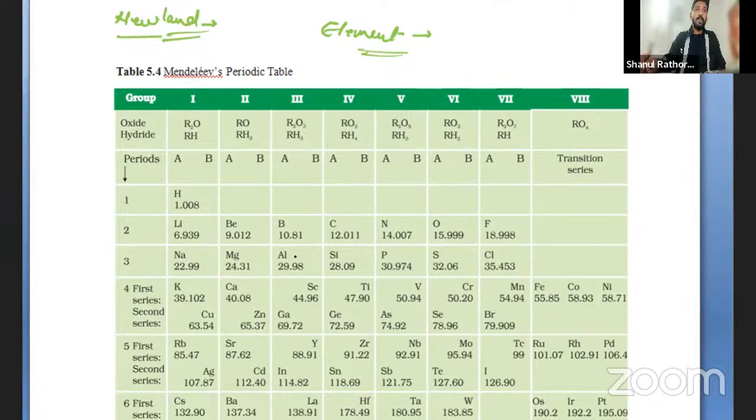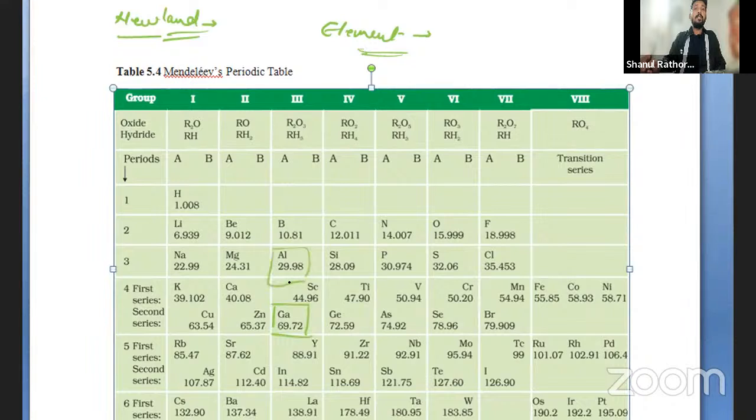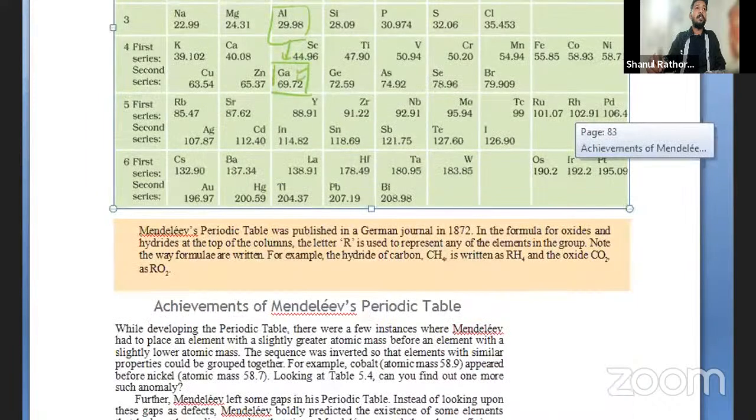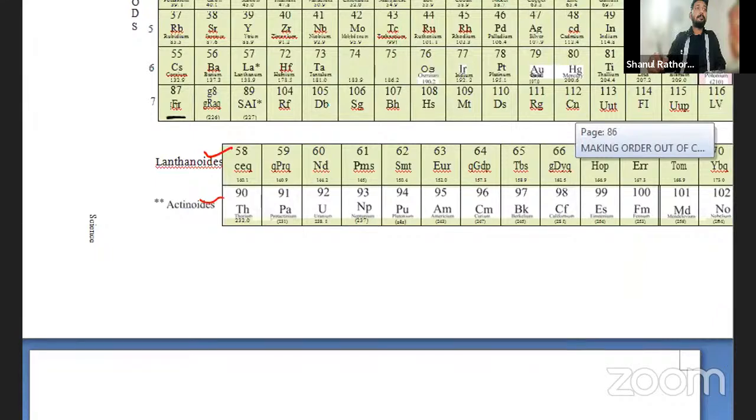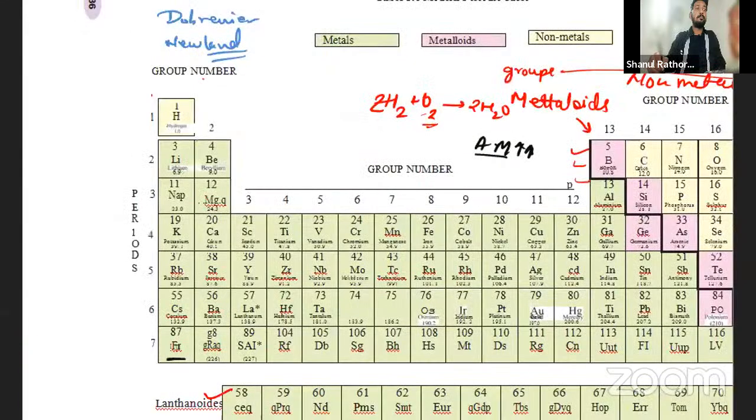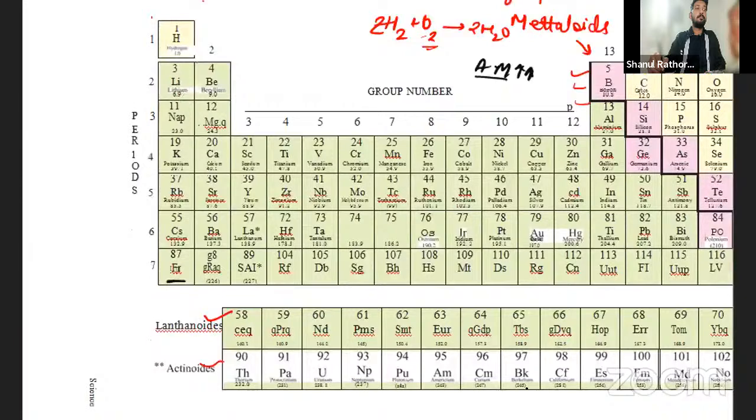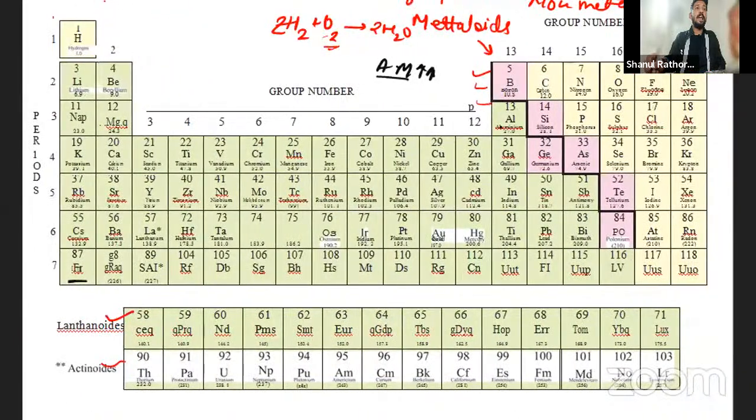Okay, so the place where gallium is present right here was empty just because gallium was not discovered, and the next place was empty because that element was not discovered either. Okay, so now in the modern periodic table, as we see, after the aluminium we get the gallium.